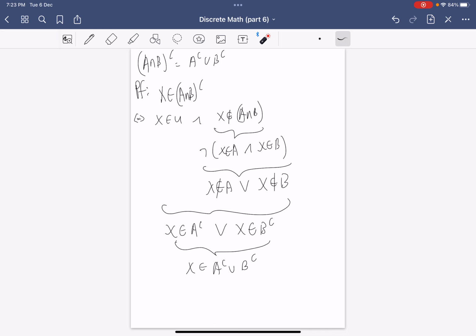What does it mean for x to be an element of the complement of A intersect B? As I said, by definition it's part of the bigger set and it's not part of this original set.